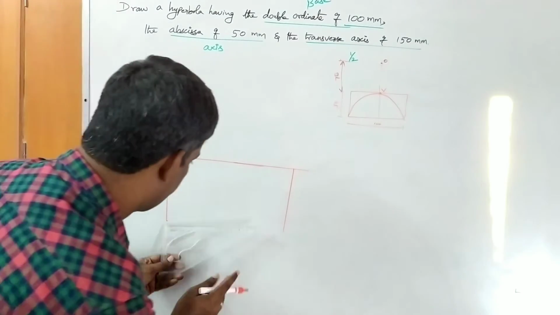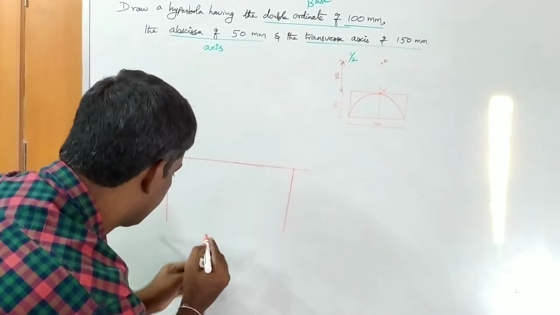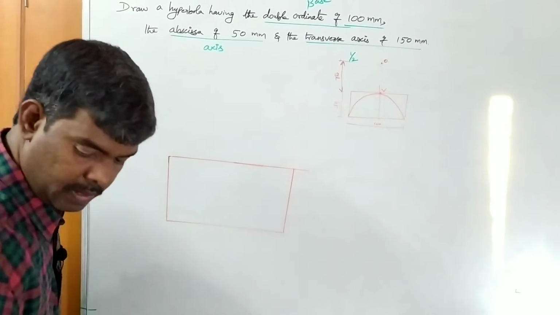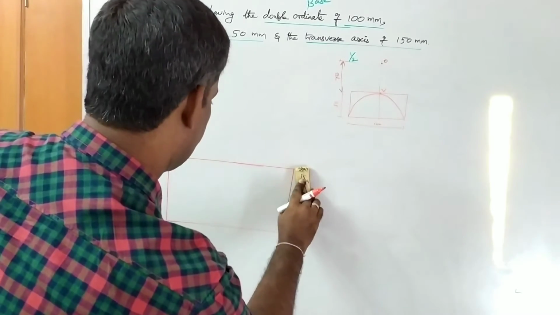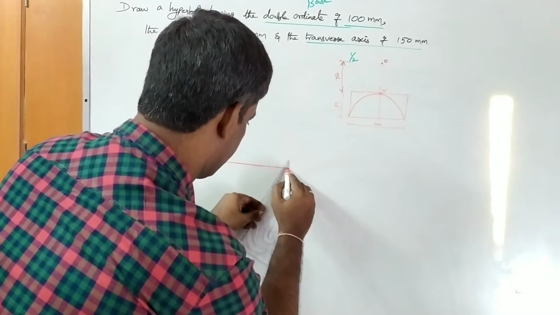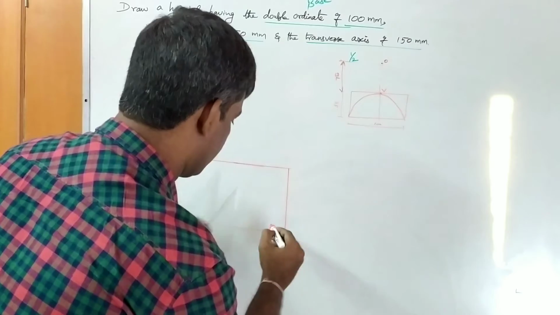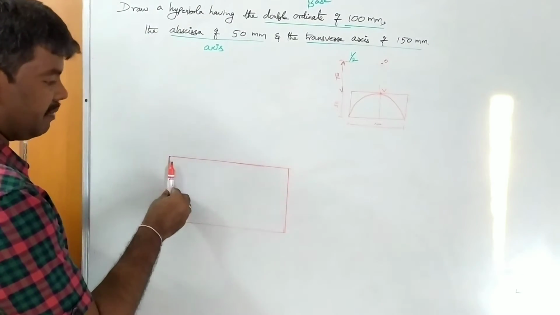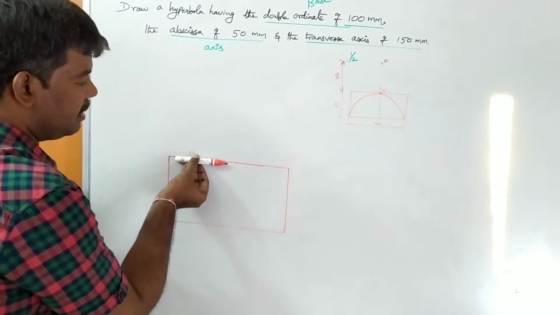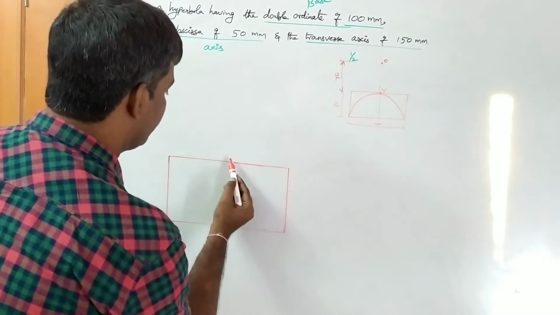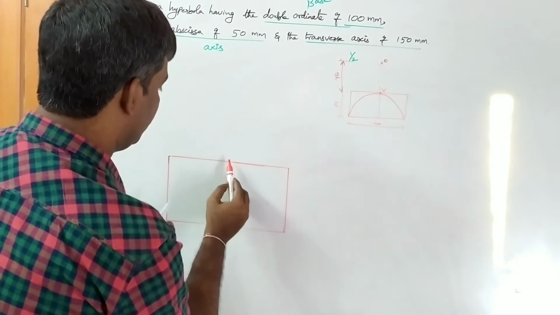Clear? Like this. Okay. So this one is the 50 size axis. This one is the double ordinate, 100. So next thing, the midpoint is 50 size.